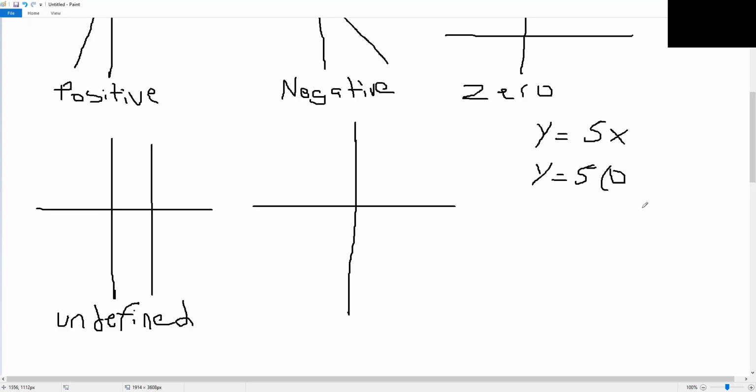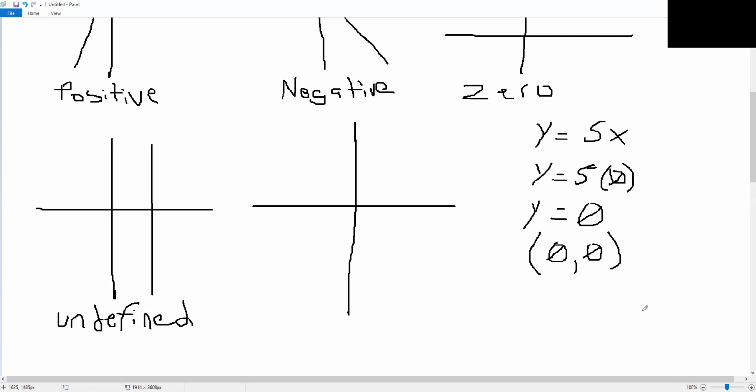So y equals 0, and this would be the point 0, 0.